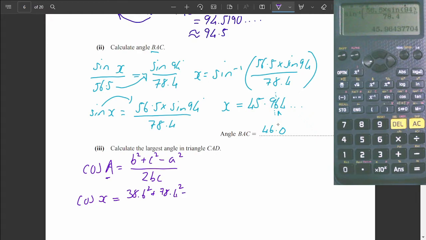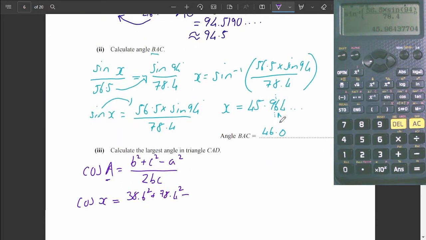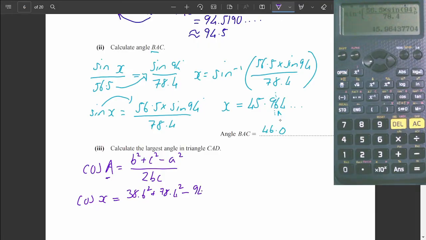But what's important is that I've got this angle in the right place. Side rather, this side, which is opposite, that has to be 94.5, has to be the opposite side, squared. That's being divided by 2BC. So again, it's those other two sides in any order.